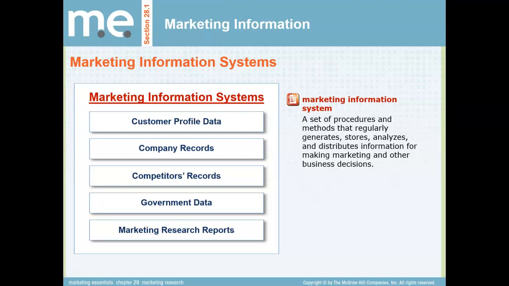And all of that information comes from all of these places. Customer profile data, company records, competitors' records if we can get them, government data, and then marketing research reports. And we'll do a little assignment on government data in a bit, but just know that all of this makes up that information system.